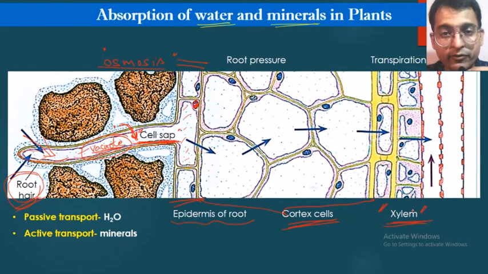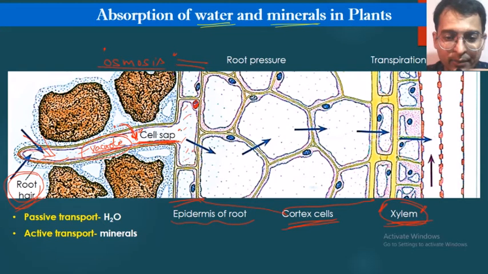Okay, xylem and phloem are transport tissue. Xylem transports water and minerals, phloem food. Okay, in that way you can remember. Okay, phloem food, xylem water and minerals. So water has to move from this root hairs up to the xylem.